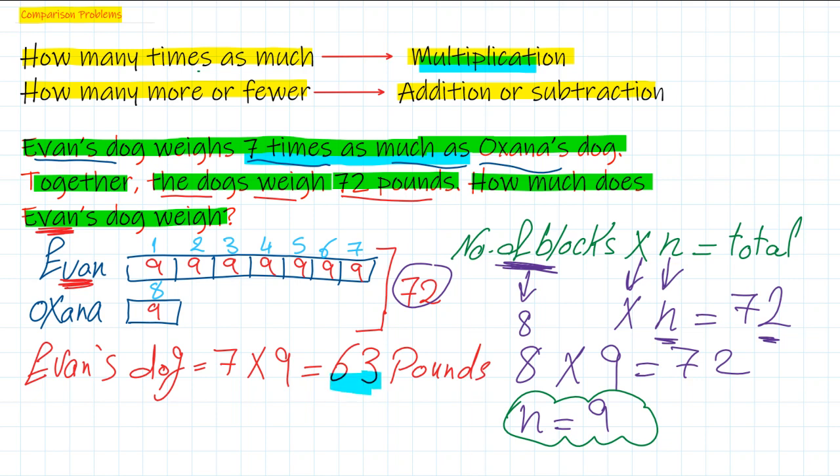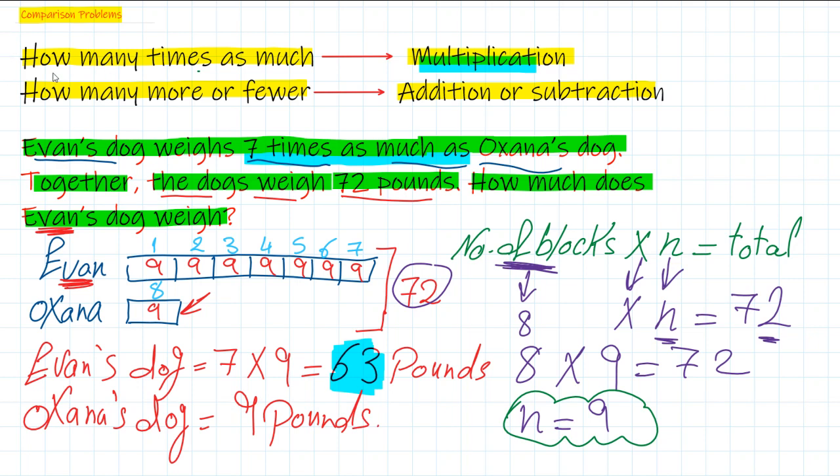So our answer is 63. It's very simple. You have to follow those steps to get the answer. If I ask you what's the weight of Oksana's dog? Of course, we have only 1 block of 9, so Oksana's dog weighs just 9 pounds.